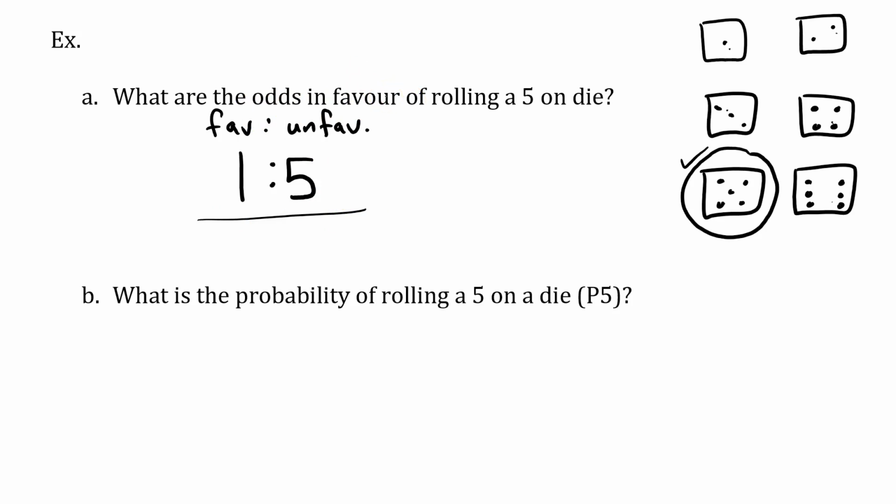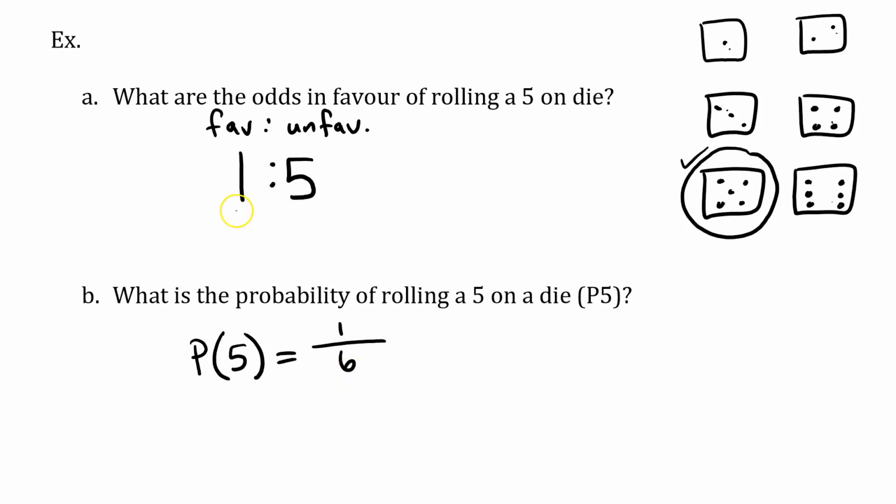Now, odds in favor and probability are related. So pay attention to how we can figure out what the probability is. From past experience, we know the probability of rolling a 5 is going to be 1 out of 6 total options.